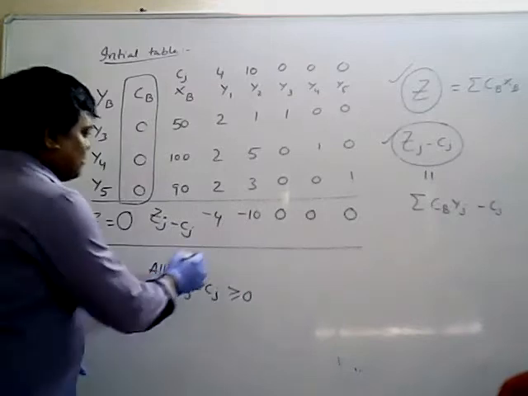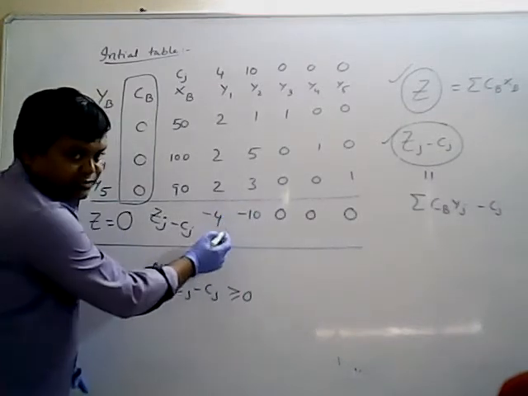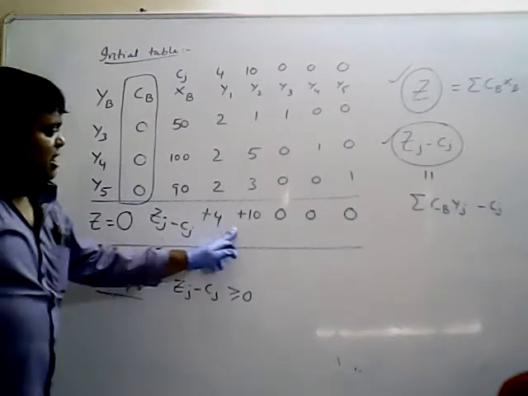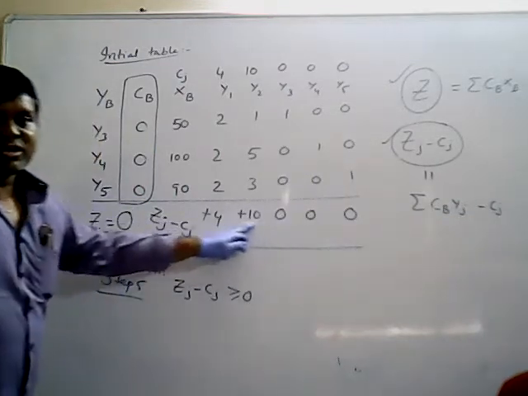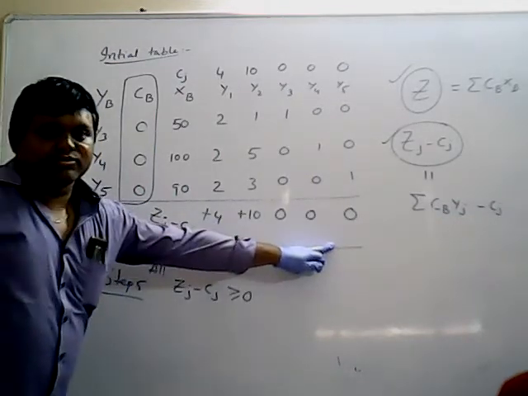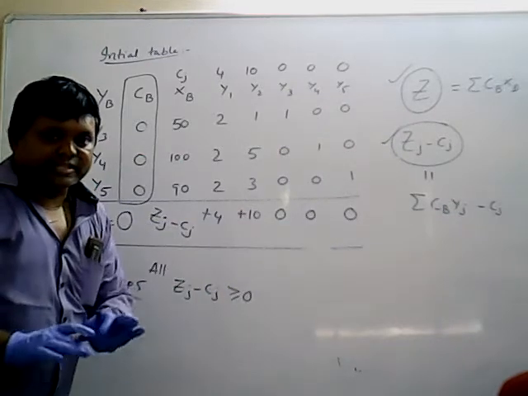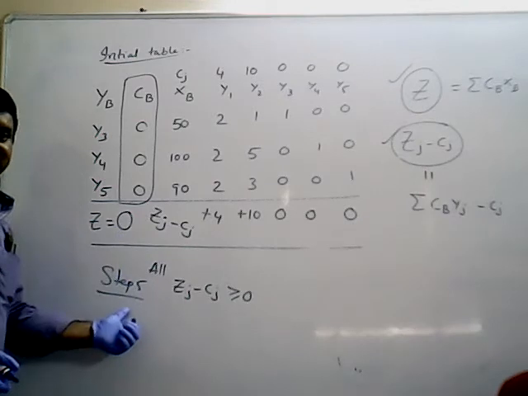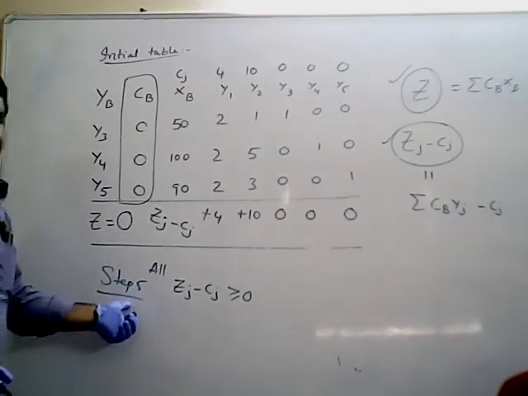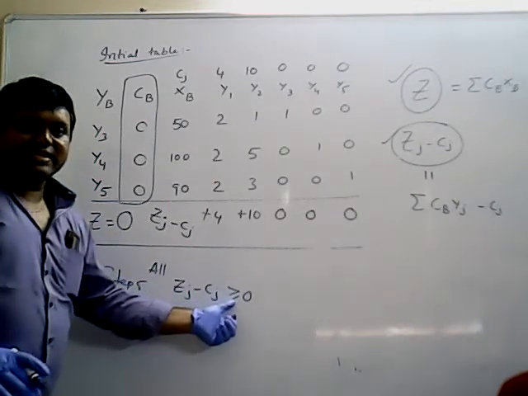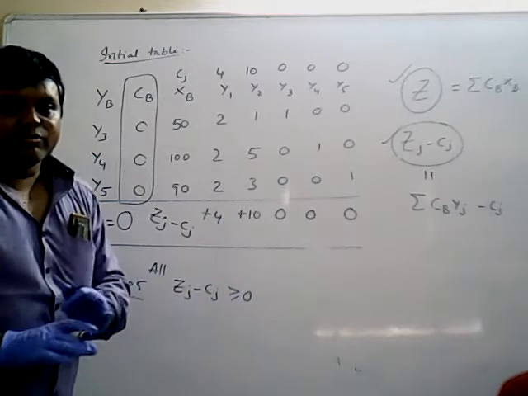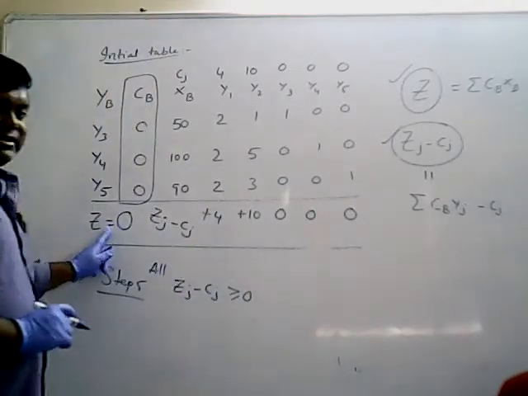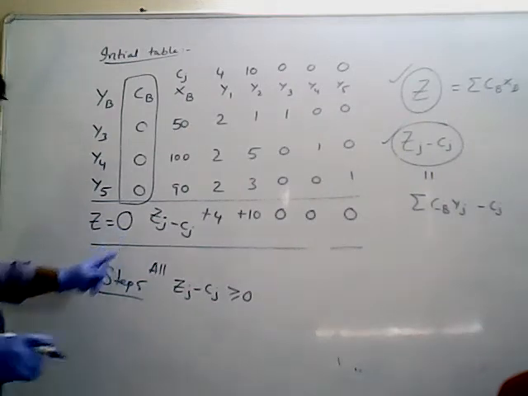Suppose you were getting plus 10, plus 4; all Zj minus Cj would be greater than or equal to 0, so the solution is completed. Then you have reached the optimum solution, and the optimum value of Z is whatever answer you got here.